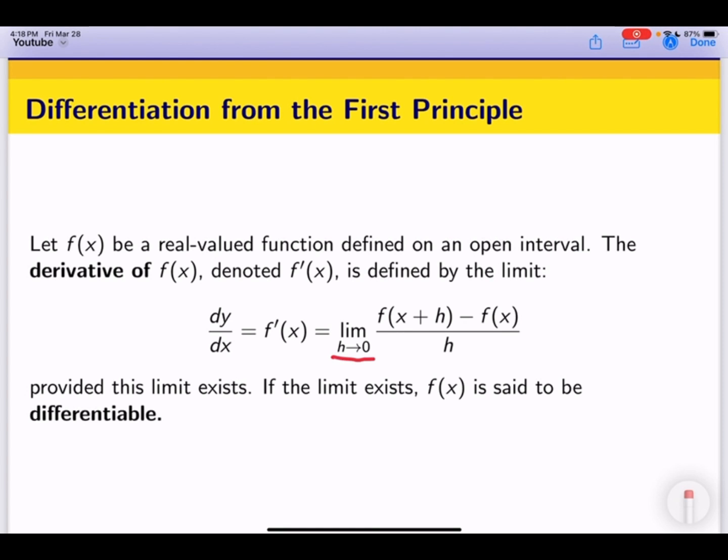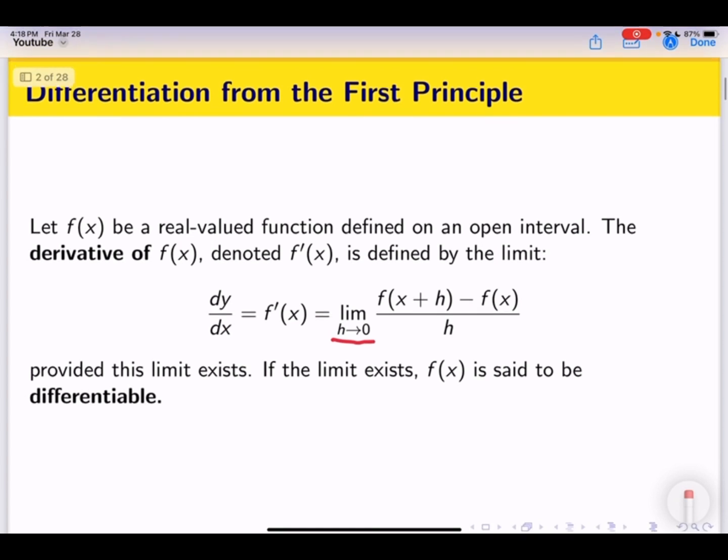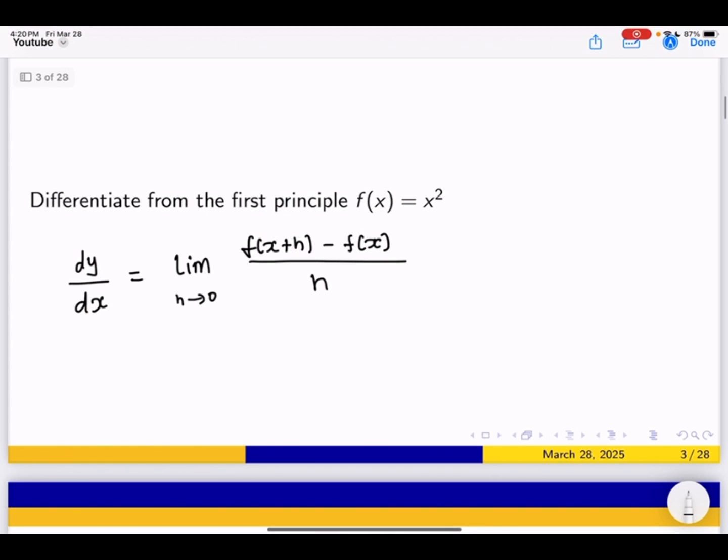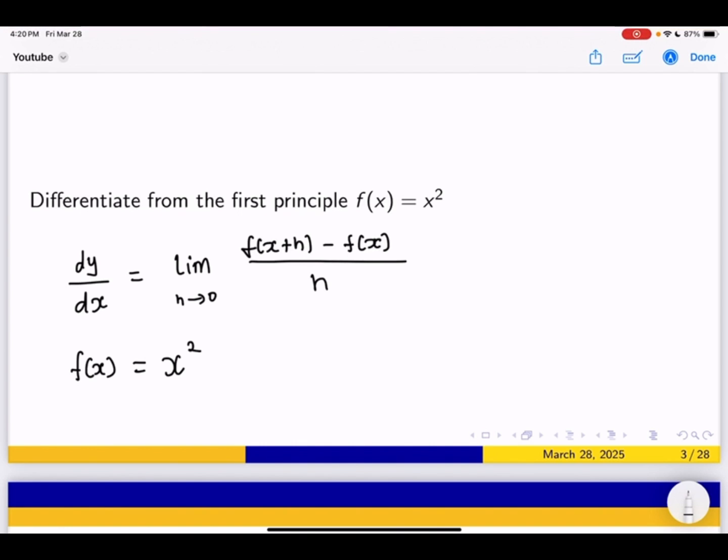So now let's start with our first example. From the first principle, this is the formula that we are going to use to solve this given question. So first of all, let's find f of x plus h. Now f of x is defined as x squared. Now our goal is to find f of x plus h.